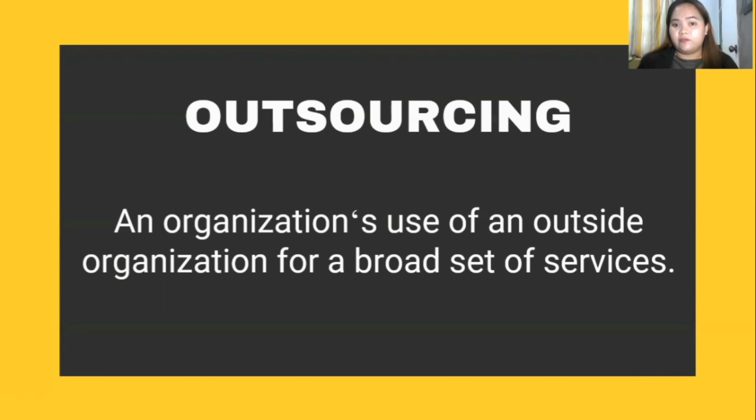I have a friend who is an encoder at a certain company, not in my university, in another company or agency. So I ask her to help me encode all the data and information of my students, and then I will just pay her after. That is a form of outsourcing, because I am giving my work to other people who are not part of the company I'm working for. That is outsourcing.